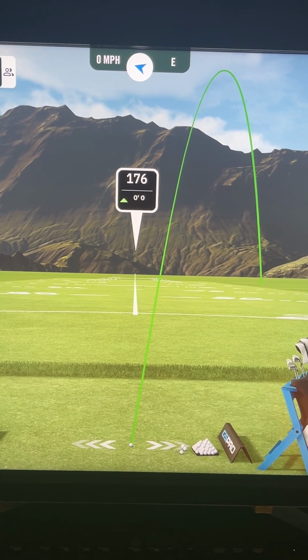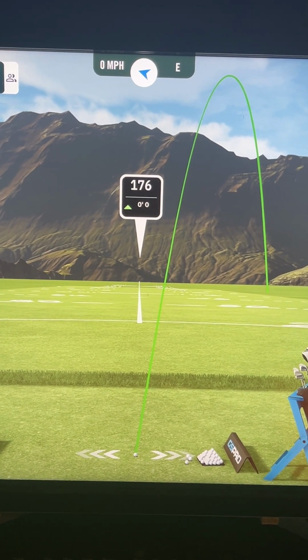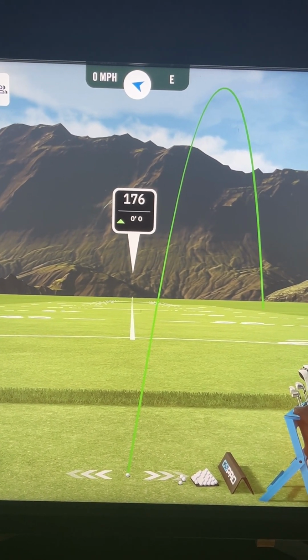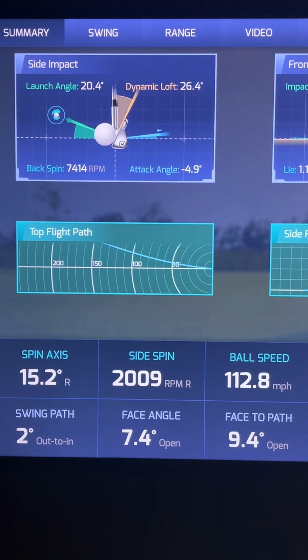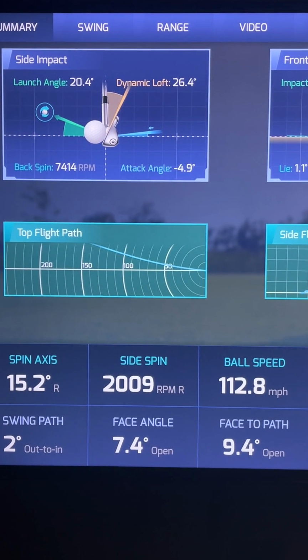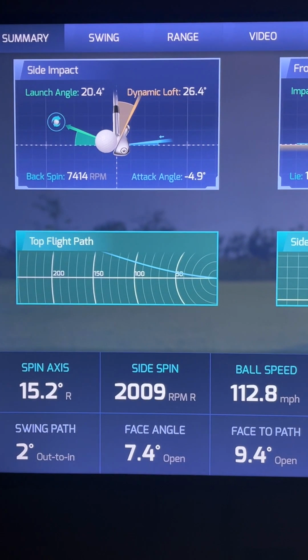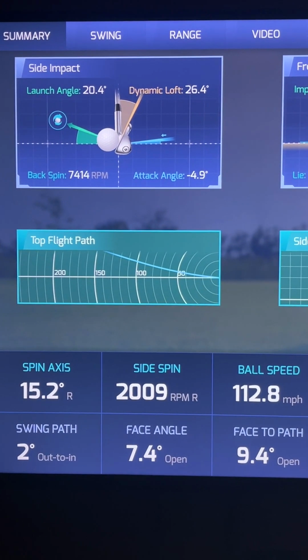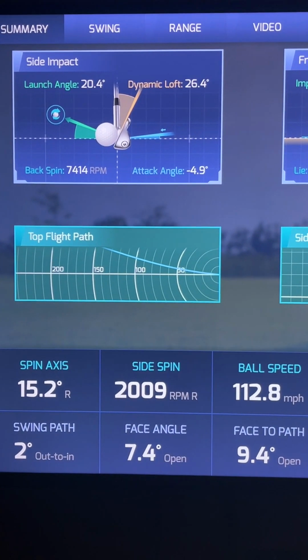Let's have a look at some numbers. So there's my shot shape, way off. Ball started to the right, went farther right. Here are my numbers. Face angle, 7.4 degrees open. That means the ball launches to the right immediately on strike. Swing path, out to in. That's my curvature.